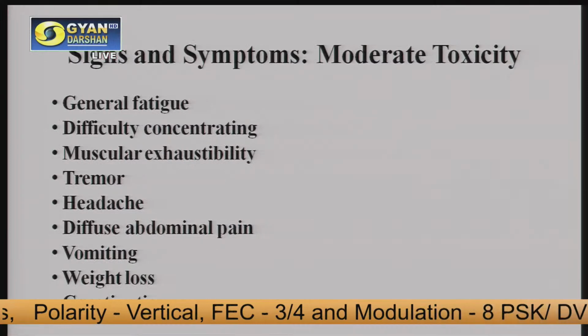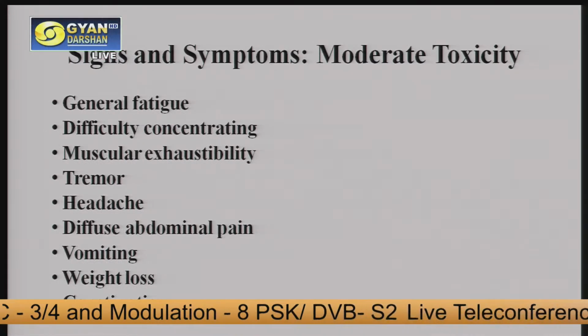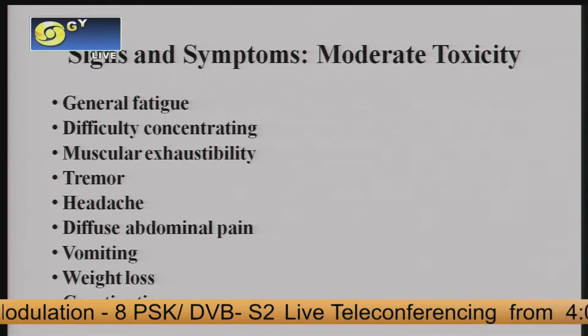So these people get a moderate dose of lead in their environment, and this can lead to moderate toxicity signs and symptoms, which can be, again, general fatigue, difficulty in concentrating. Specifically, this is a very common symptom in children. They come with this problem of difficulty to concentrate in their class.